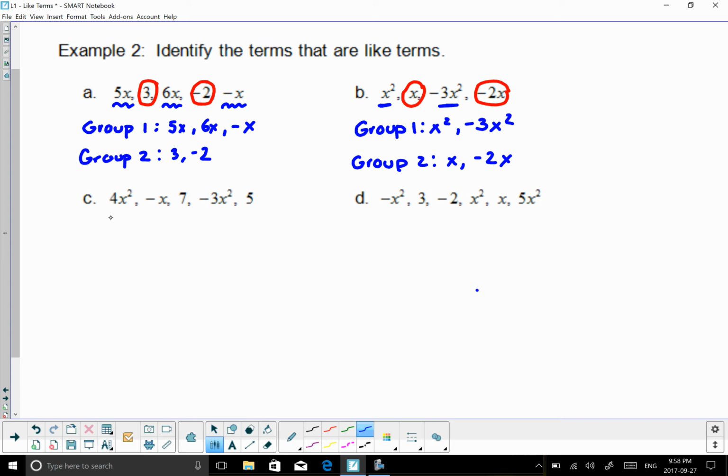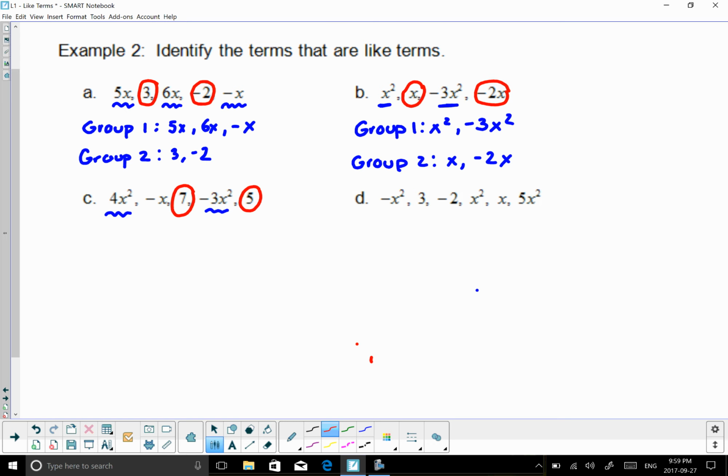Here I have two other groups. I have 4x squared. So I'm looking now for something else that has an x with the squared on it. And I have this one. This one is just an x. There's nothing that goes with it. So there's no like term to go with that. But 7 and 5 are like terms.